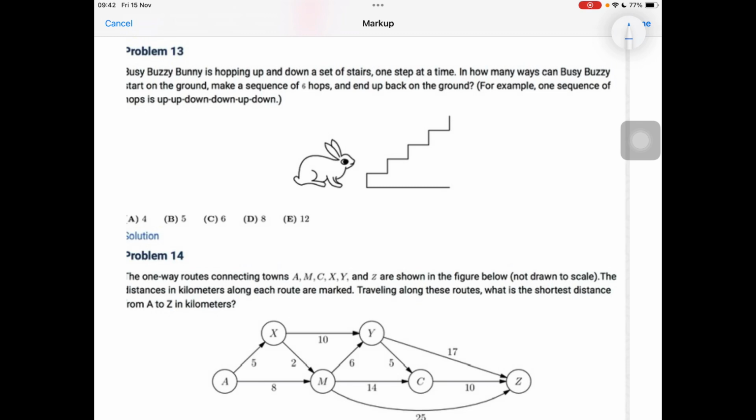Number 13. Bunny hopping up and down 6 times, ends up back on the ground. So eventually he needs to make 3 ups and 3 downs to come back on the ground.